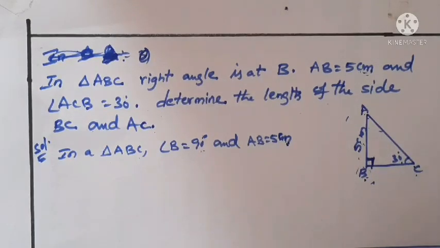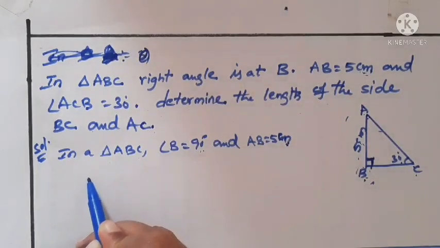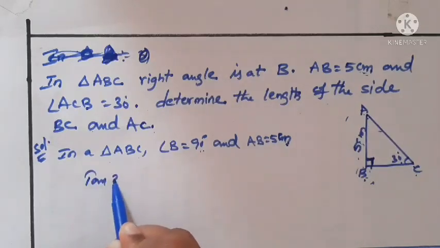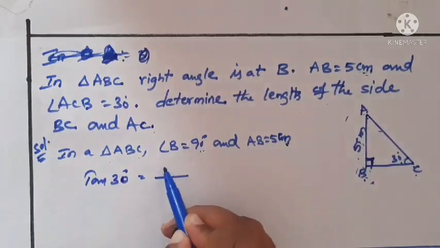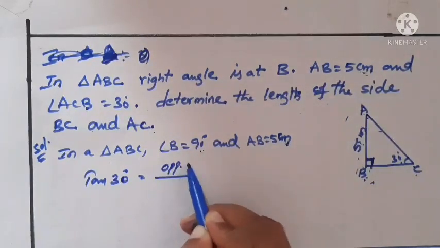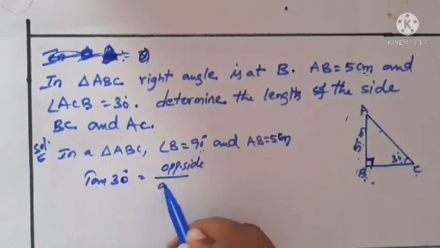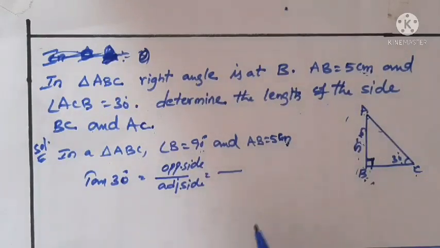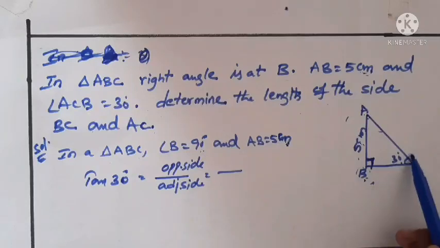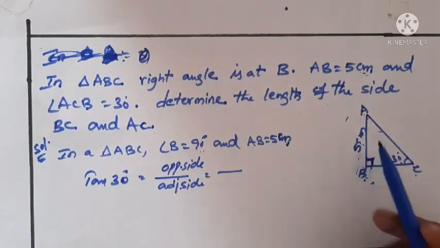So here tan theta is suitable for the problem. Now you take tan theta. Tan 30 degrees equals opposite side by adjacent side, right?